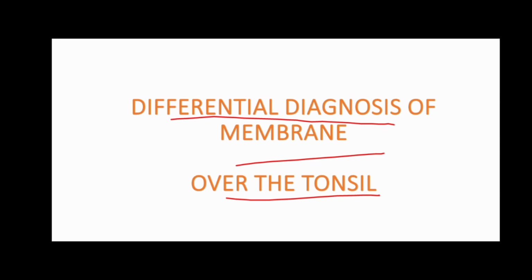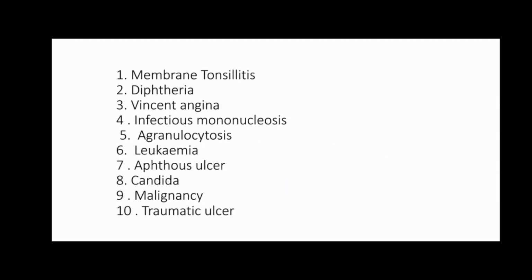Let's enter into the topic one by one. Before the differential diagnosis, what are the causes that may lead to the formation of the membrane over the tonsil? First, membranous tonsillitis, second is diphtheria, third is Vincent angina, fourth is infectious mononucleosis, fifth is agranulocytosis, sixth is leukemia, then aphthous ulcer, candida, malignancy, and traumatic ulcer.